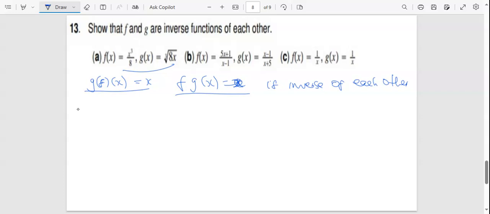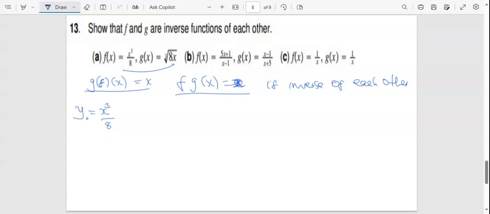So you say that will be now y is equal to x, like that, then you make x the subject of the formula. How do you make x the subject of the formula?